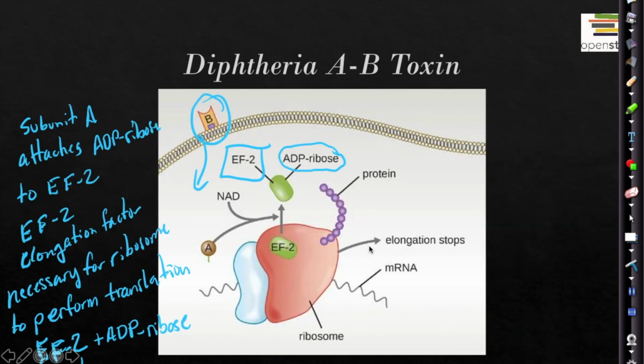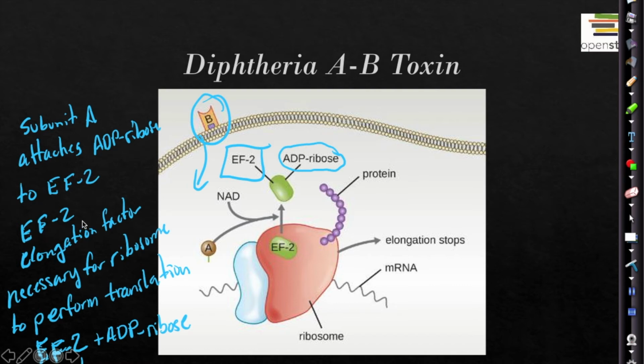So if we look, for instance, at the diphtheria toxin, the B subunit allows for the entrance of the A subunit into the cell. Once the A subunit is released from the B subunit upon entry into the cell, the A subunit attaches ADP ribose to an elongation factor that is used by the ribosome.